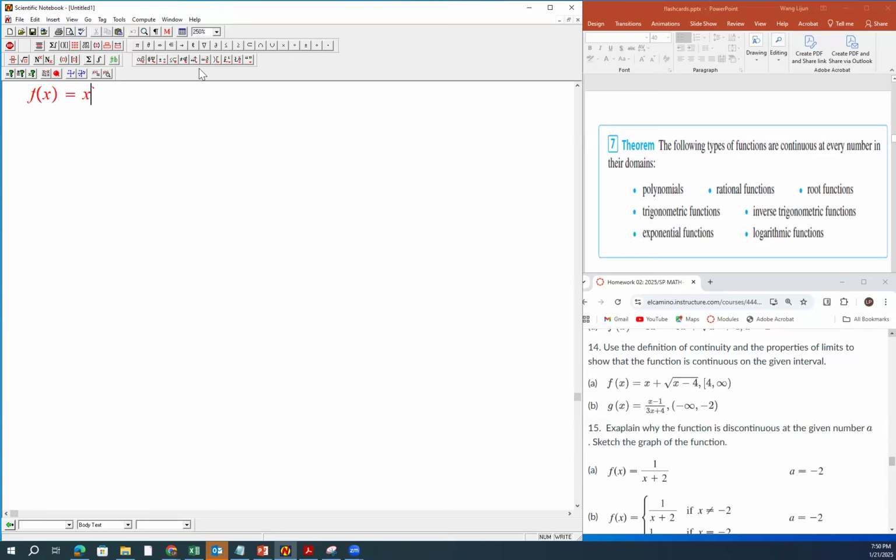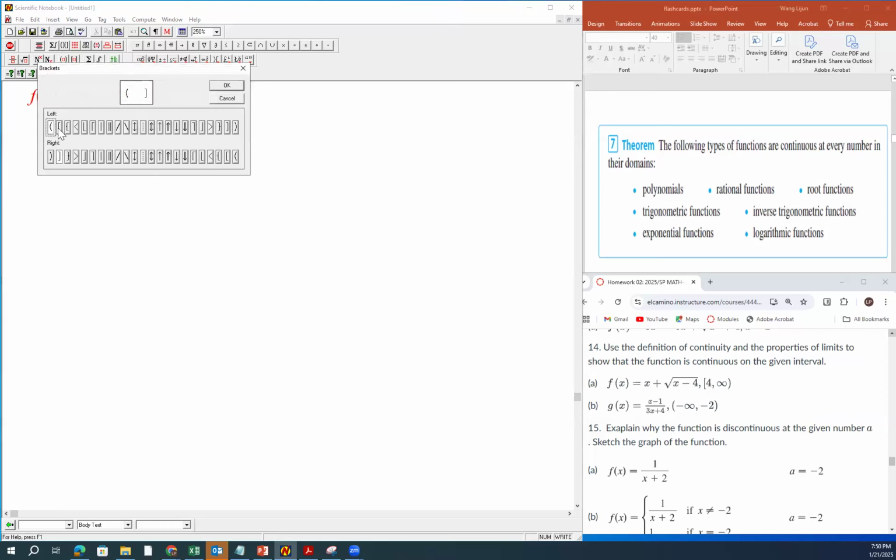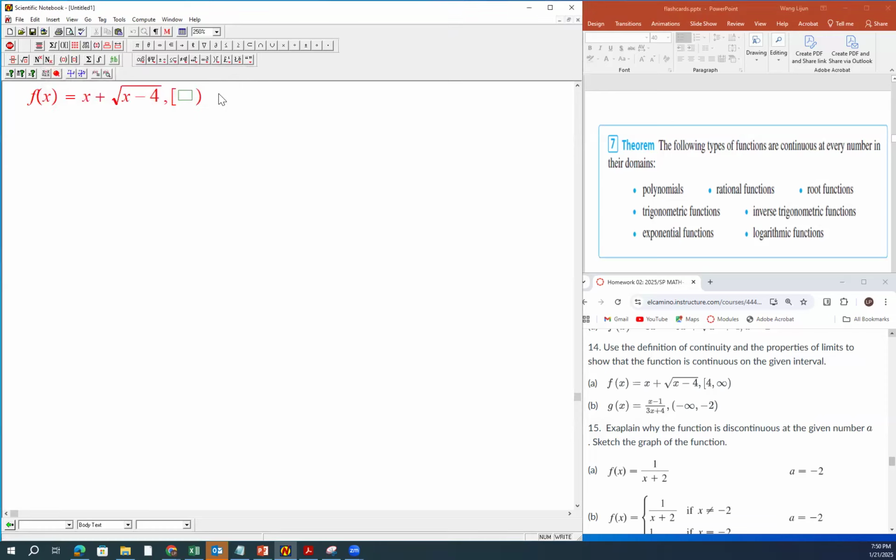It's x plus the root of x minus 4. And the interval of interest is 4 closed, to positive infinity. We're going to use that the root function is continuous in its domain. So we just have to demonstrate the domain.